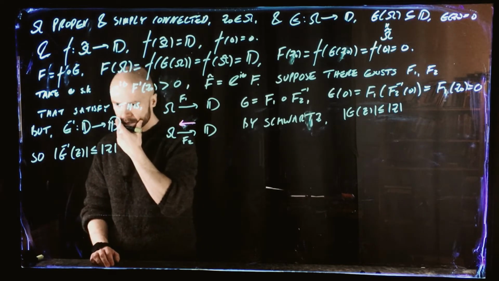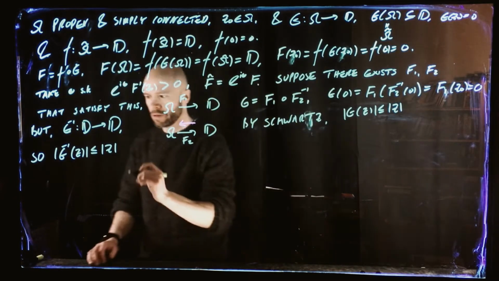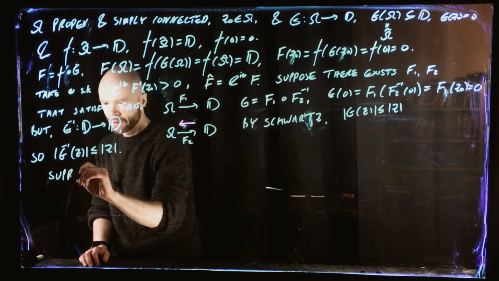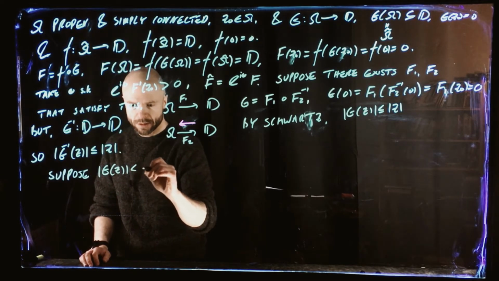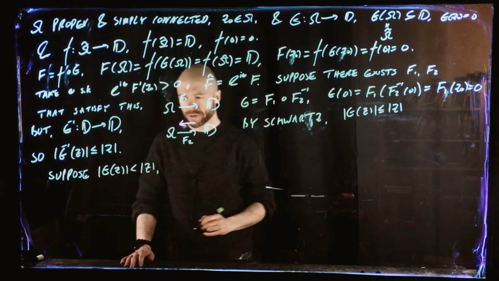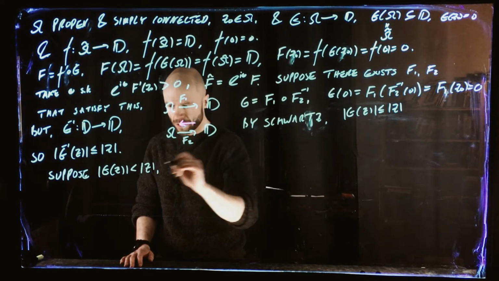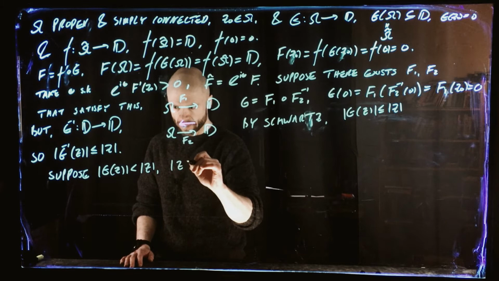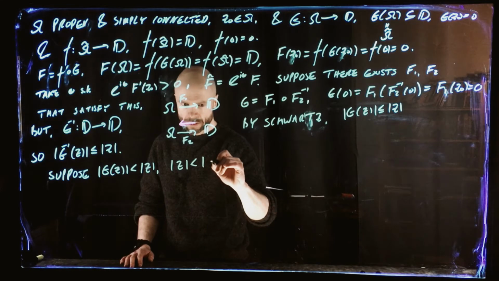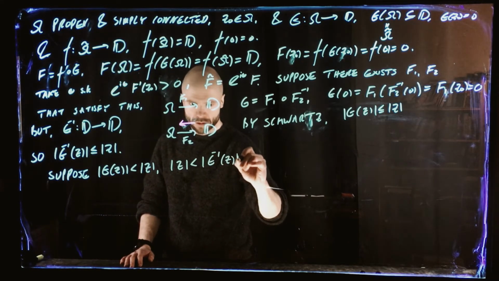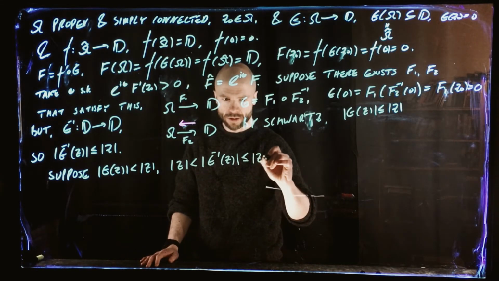Because suppose that for some z, the absolute value of g of z is actually strictly less than the absolute value of z. Then let's compose with g to the minus 1 on both sides. Then we have z is strictly less than this thing, but we know that this thing has to be strictly less than z.